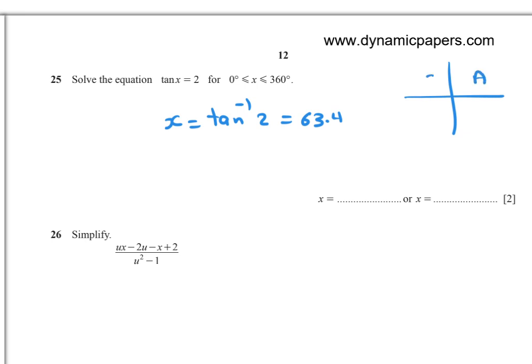Tan is positive in the first and third. The first is theta, which is 63.4, and the third is 180 plus theta. So the two solutions are 63.4 and 180 plus 63.4, so 243.4.